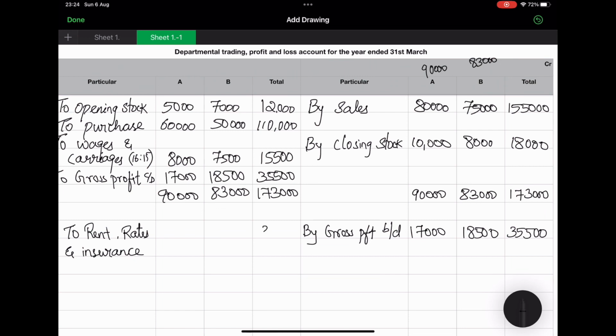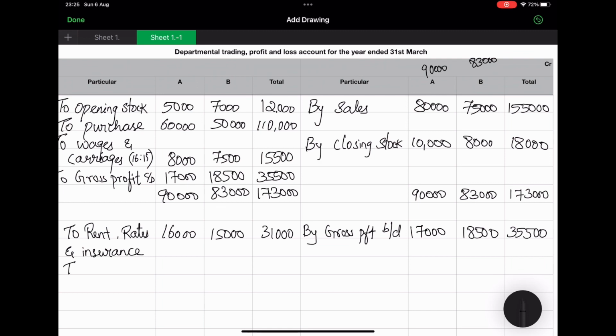Total 31,000. It is bifurcated on the basis of 16:15. Yes. So 31,000 into 16 divided by 31, we are going to get 16,000 and 15,000.